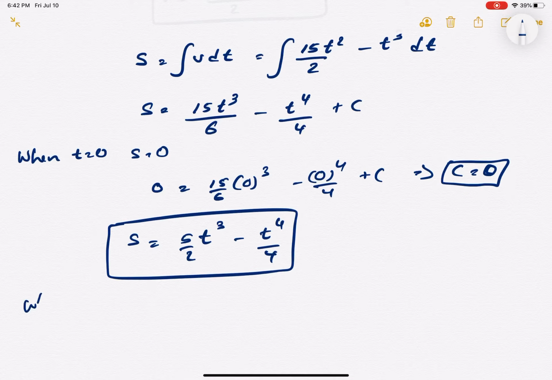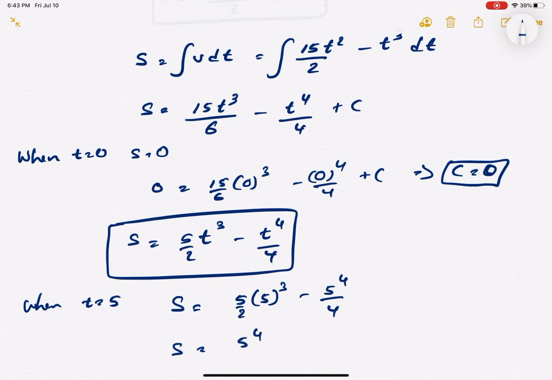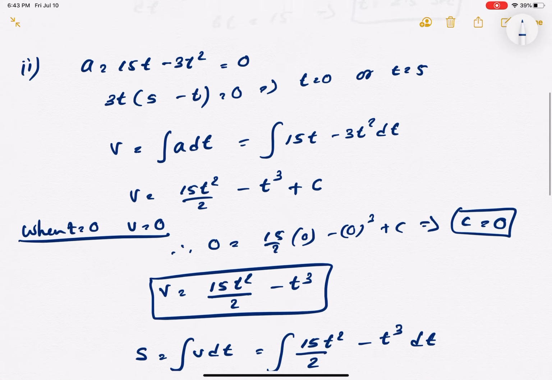And when t equals 5, s equals 5 by 2 into 5 cube minus 5 to the power of 4 over 4. So we can get this value, which is 625 divided by 4. I will say 156.25 meters is the distance traveled. So that is part 2.